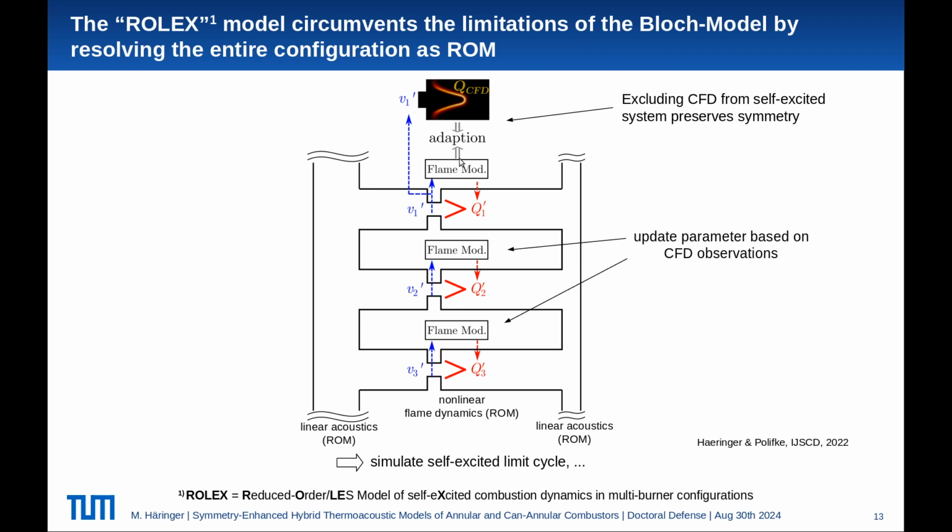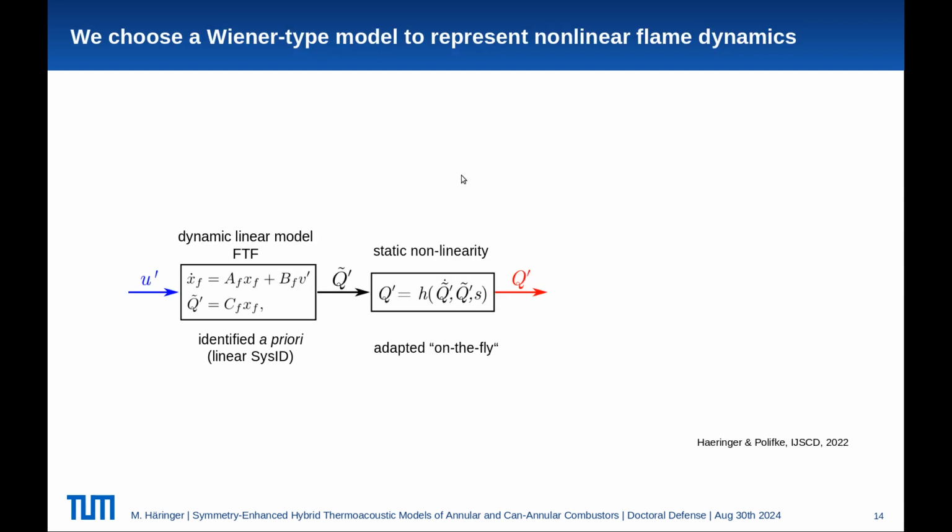All right, so the main part is obviously this adaptation strategy, and we will have a look at how we propose that in the thesis. In general, for the flame model, every parameterized nonlinear model is a possibility. In our case, we limited ourselves to a Wiener type model. These Wiener type models have the feature that they have a clear separation of a linear model block and a nonlinearity.